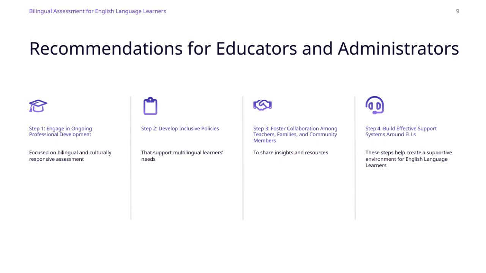Collaboration is another key element. By fostering strong partnerships among teachers, families, and community members, we can share valuable insights and resources that enhance student success. Finally, building effective support systems around English language learners is vital. When these steps are combined, they create a truly supportive environment that enables ELLs to thrive academically and socially.